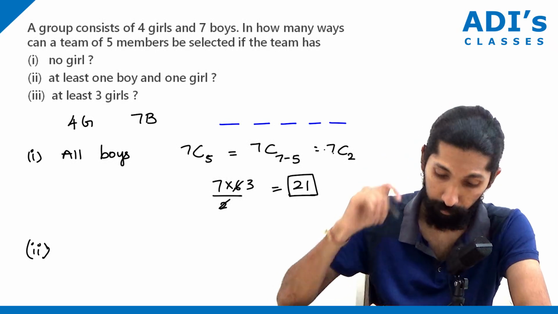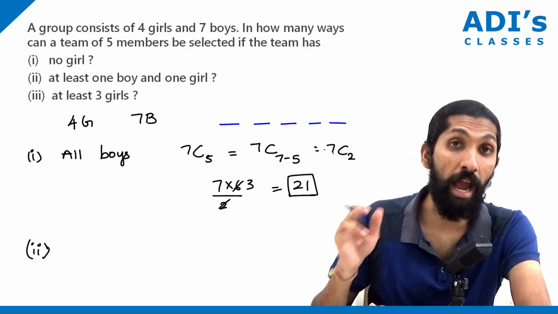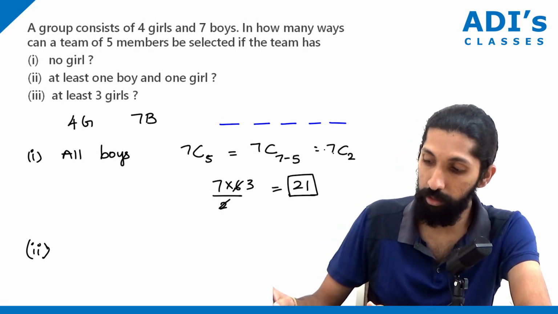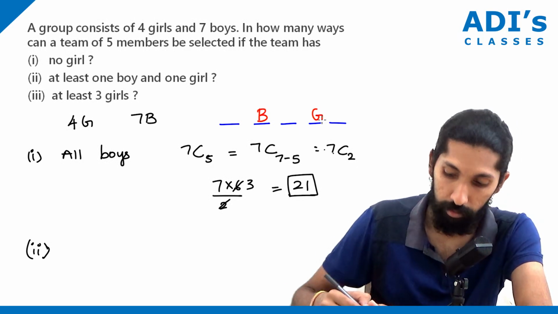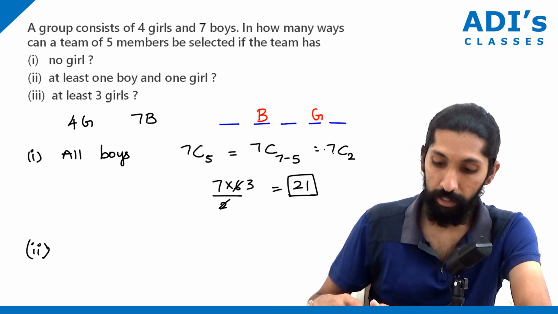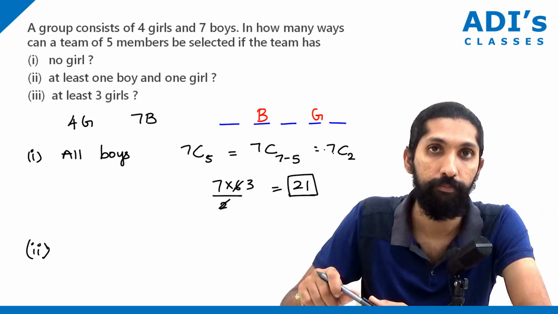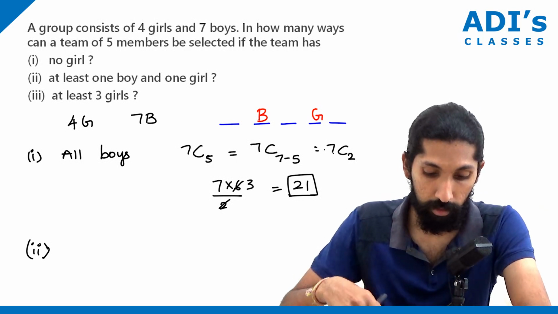Fair enough? See, the question is: at least one boy and one girl. So both should be there. In other words, there has to be one boy, there has to be one girl, minimum. What if I take the case where there are no boys? That is not possible because there are only 4 girls, correct?